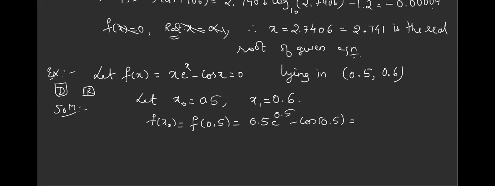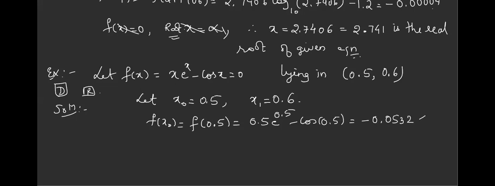Take this calculation and tell me the answer. Students do the exponential calculation in degree and this one in radian. Don't do like that. Convert in the beginning only to radian. If you don't, your answer is 100% wrong. Remember this point. Minus 0.0532.